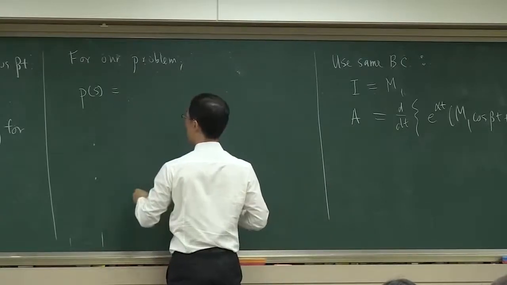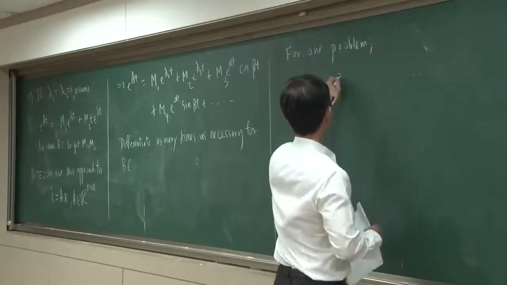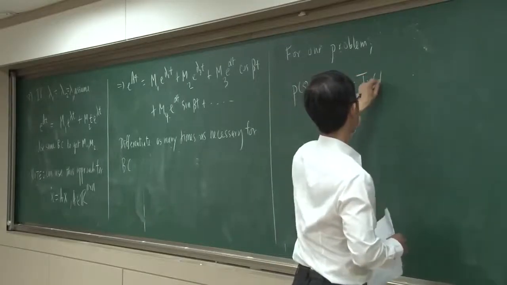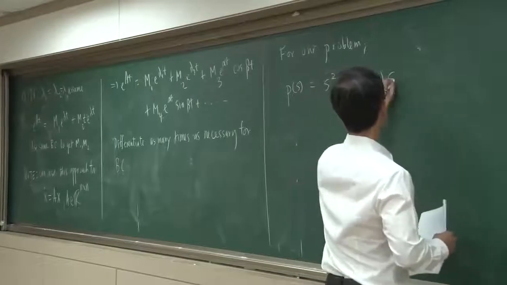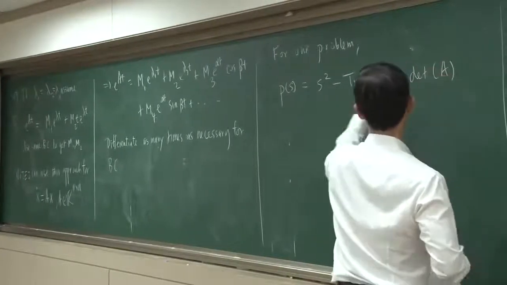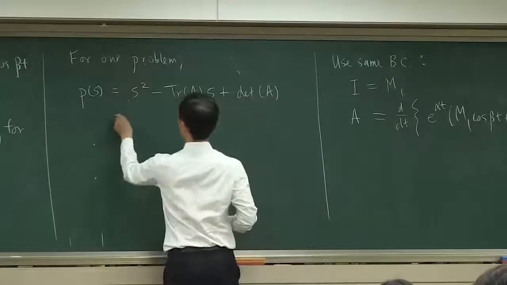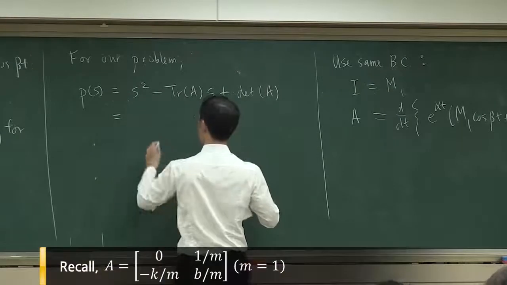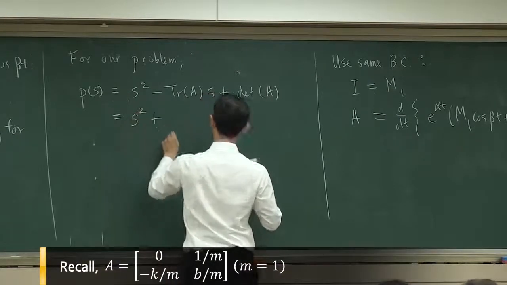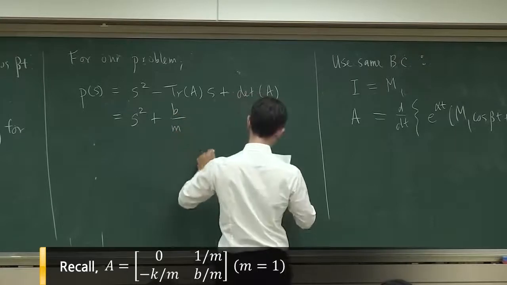The eigenvalues are the roots of the characteristic polynomial, which are s squared minus trace of a times s plus, and this is a general result for 2 by 2 matrices, which happens to be s squared plus, okay, I'm going to put the m back in here.